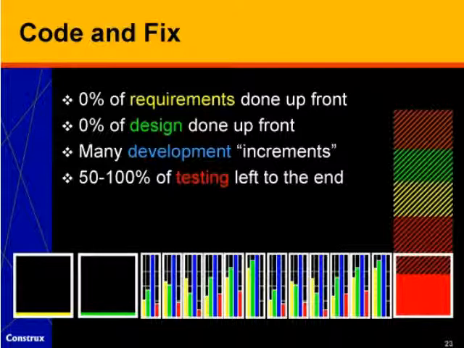We divide the project up into numerous small increments, and I put the word increments in quotes because that implies a level of planning, really, that is usually not present in code and fix. And our plan, to the degree we even have one, is to leave most of the testing to the end of the project. Basically in this diagram, the solid bars show what we intend to happen. The diagonal crosshatch bars show what actually happens.